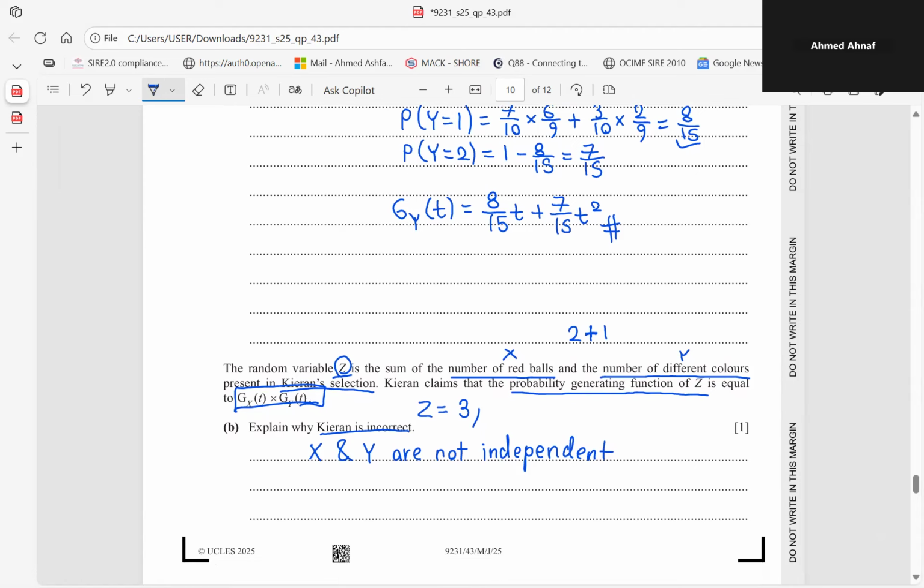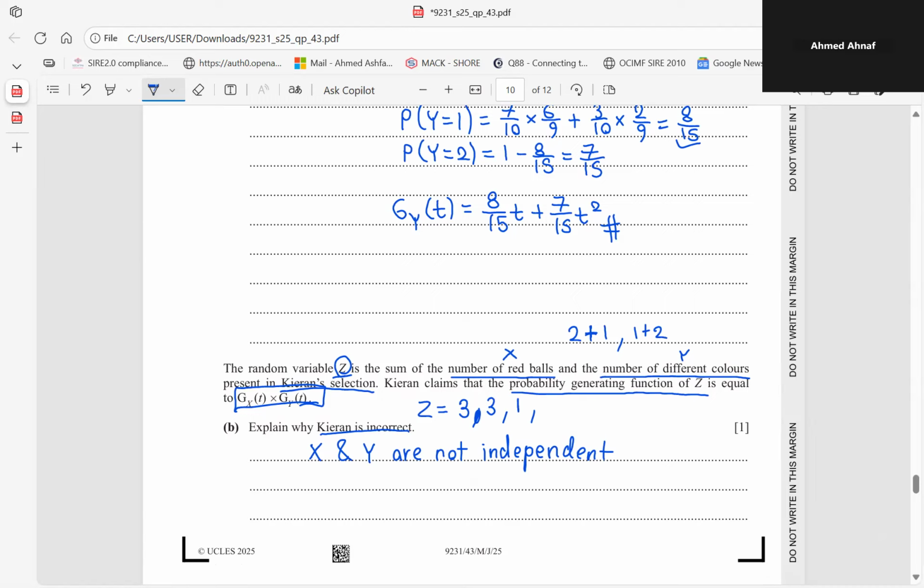So 1 plus 2, you get 3. Oh, another case: no red balls, both blue balls, and 1 different color. So that's 1. These are the only possibilities, so we can only have these two values.